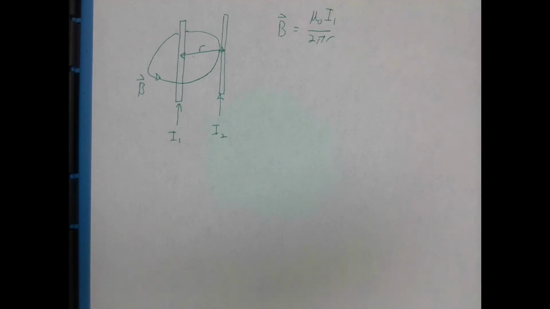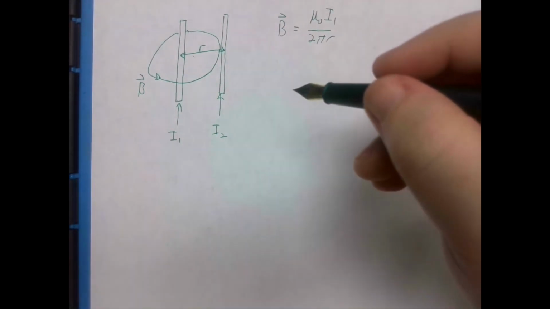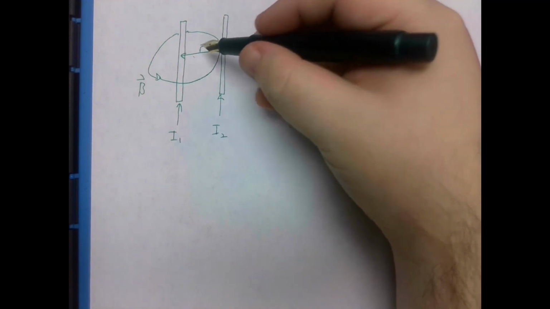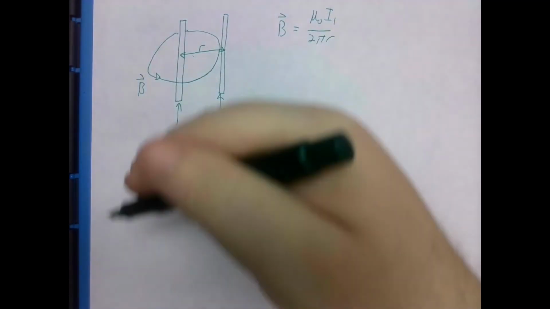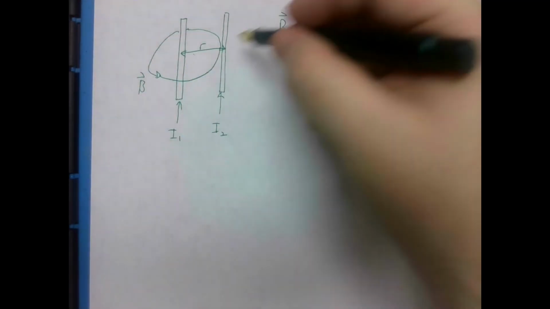What would be the force on the second wire? So this is infinitely generated all the way down this wire, so every point is going to pull on it.